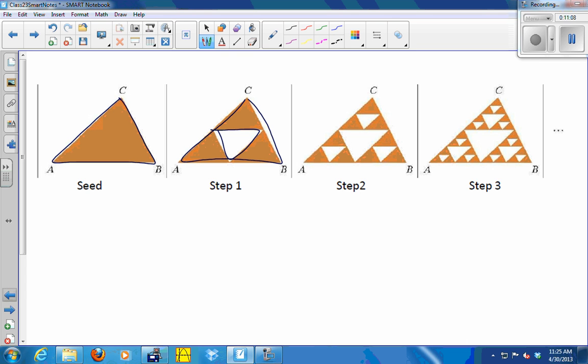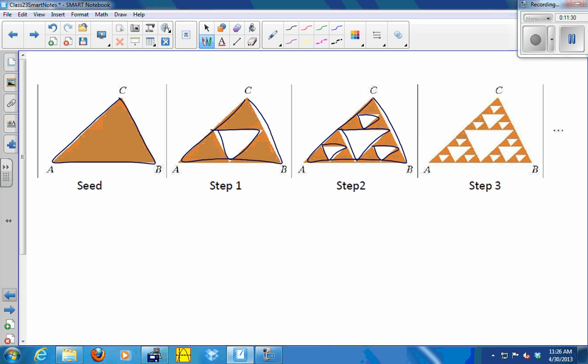So in the next step, we still have the perimeter of 3 plus the 1.5 plus, those would be a quarter, so 3/4 each, 2.25.